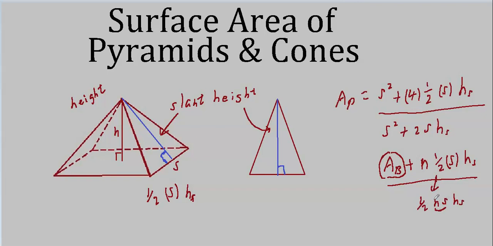N is the number of sides, s is the side length. So we can write this as p times h sub s times 1/2. This works in those happy times when you actually have the perimeter ahead of time. I don't know how often that would actually happen, but if you do have the perimeter, naturally you can skip this, not worry about what the side length is or the number of sides, just use this.